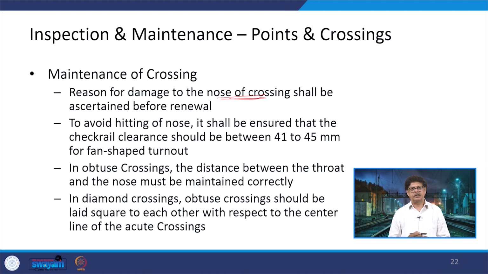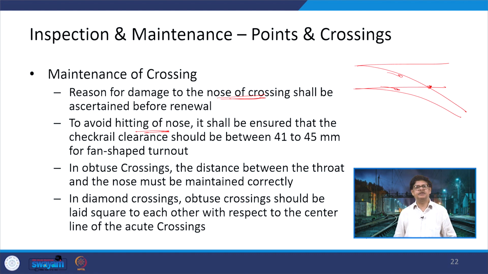And to avoid the hitting of the nose, because when the wheel is moving in this direction there is a possibility of hitting on it, it shall be ensured that the check rail clearance should be between 41 to 45 mm for fan shaped turnout. So, the check rails which are provided here and their gap with respect to the other rail, that is what we are talking about.